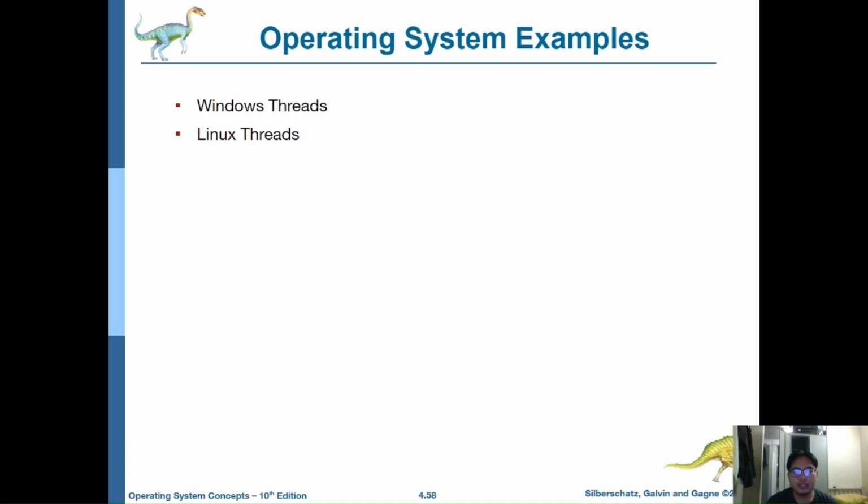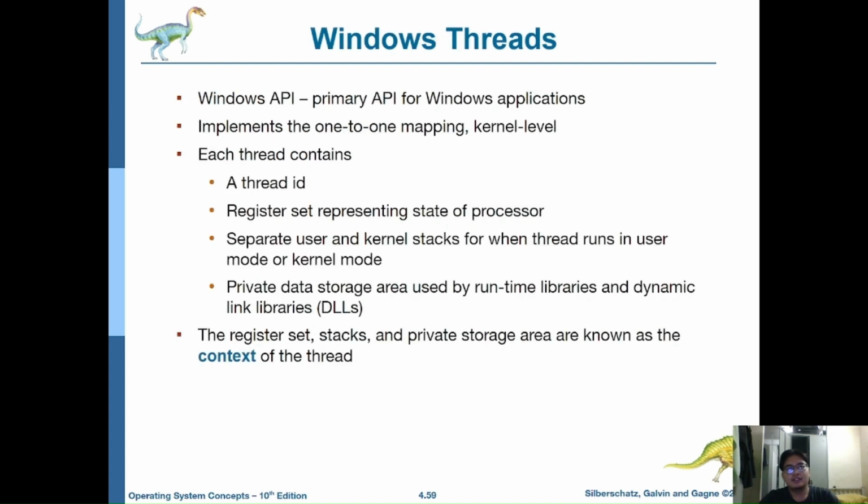So we move to the last subtopic of this topic, which is OS examples. There are two examples of threads covered in this topic, which are Windows threads and Linux threads. For Windows threads, Windows implements the Windows API. An API is an application programming interface, a set of defined rules that enable different applications to communicate with each other.